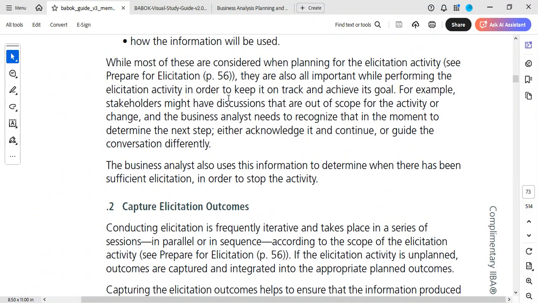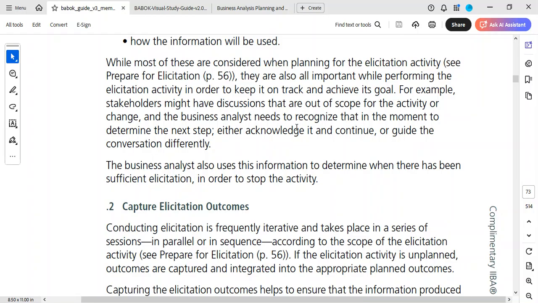While most of these are considered when planning for elicitation activity, they are also all important while performing the elicitation activity in order to keep it on track and achieve its goal. For example, stakeholders might have discussions that are out of scope for the activity or change. Remember, I mentioned this.